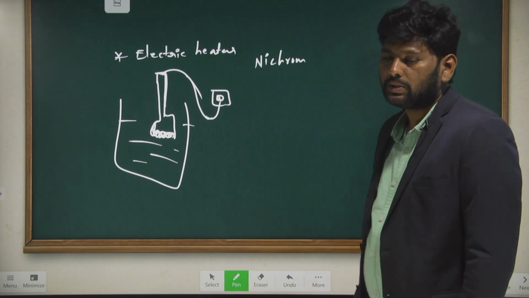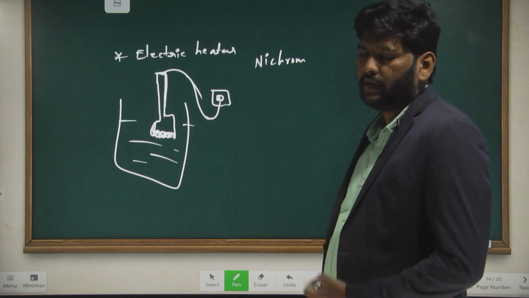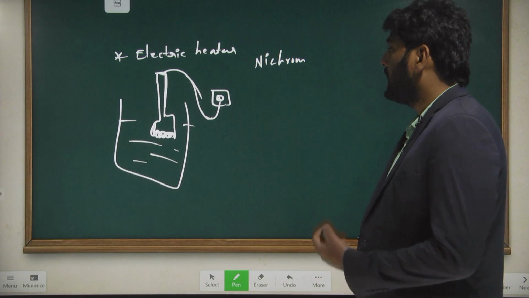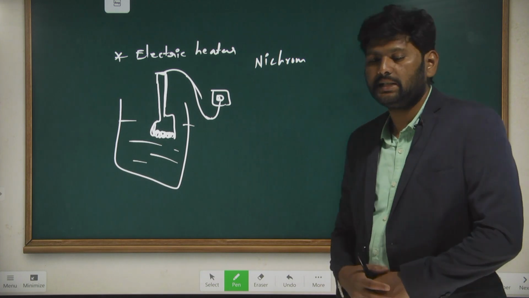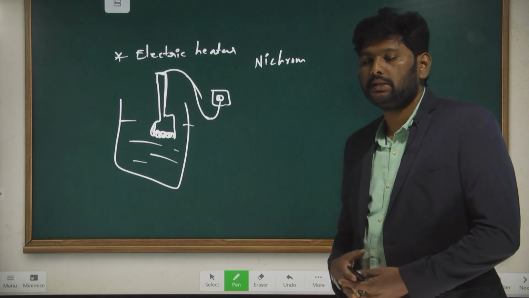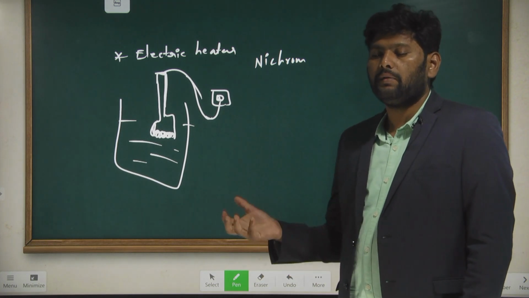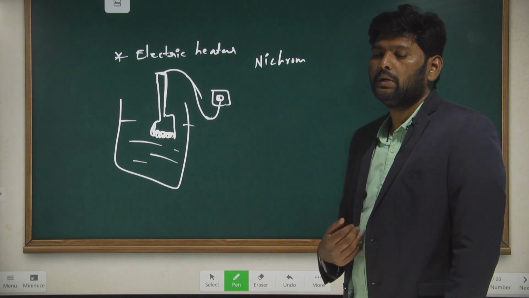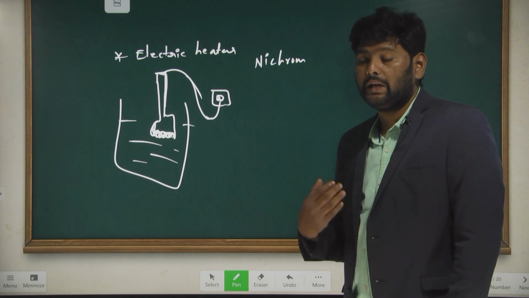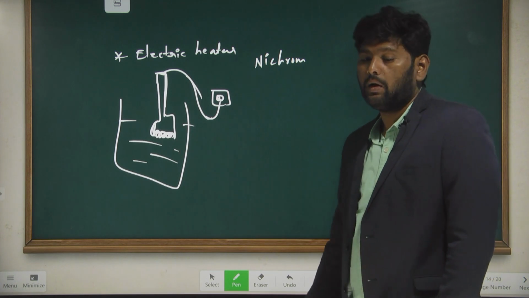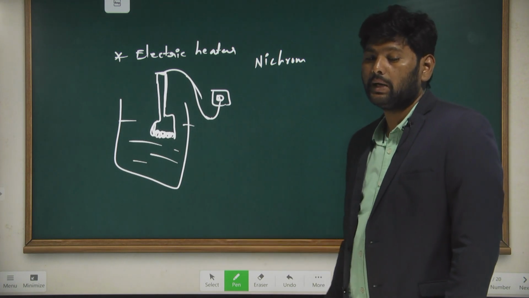Nichrome is a stiff material, and it offers high resistance. Because of the high resistance, it drops the energy, and whatever energy is dropped here is converted into heat energy. That heat energy is received by the water, so that the water gets heated.